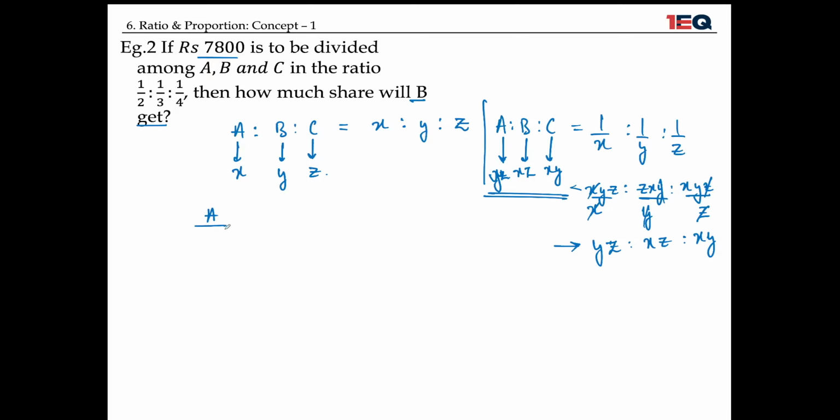If at all somebody tells you that a upon x is equal to b upon y is equal to c upon z, if this situation comes up, then you can easily assume that a's value is x, b's value is y, and c's value is z. Okay, this is the third way.